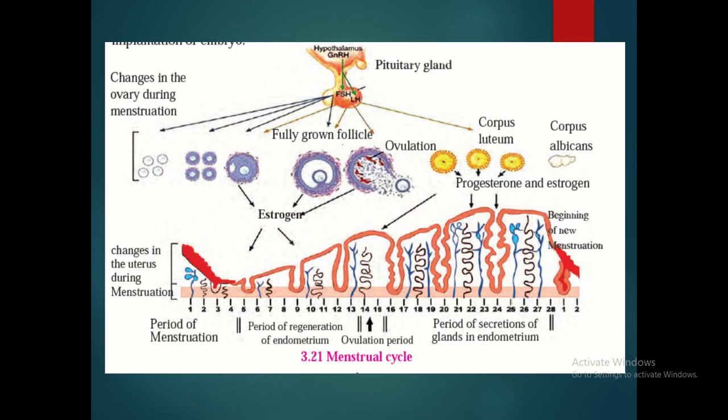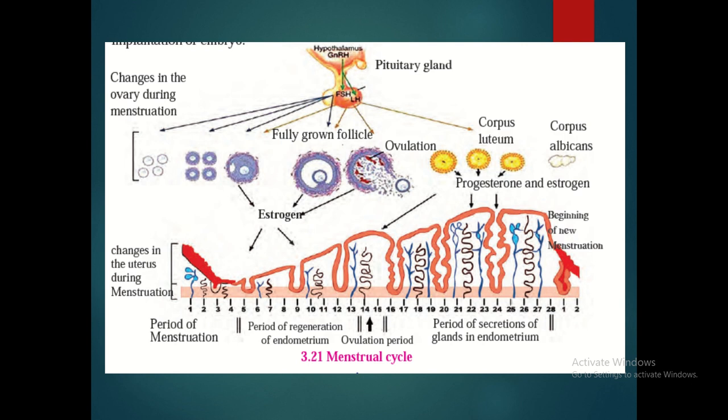So here you can see the menstrual cycle. You can see the FSH, it is produced by the pituitary gland. It stimulates the development of the follicle.